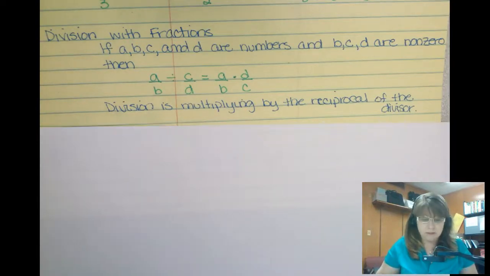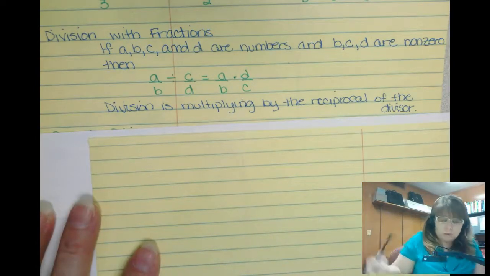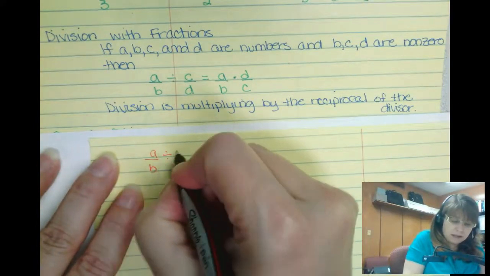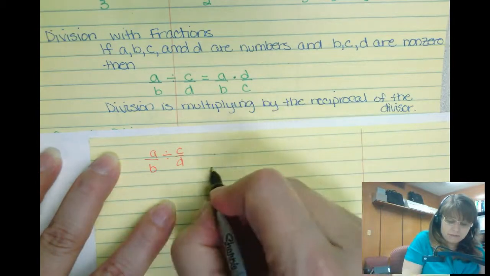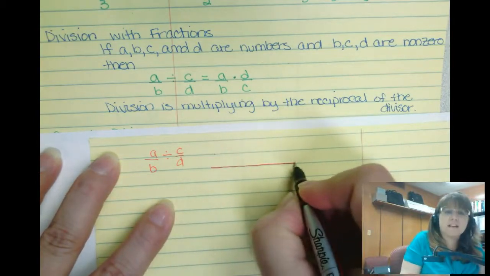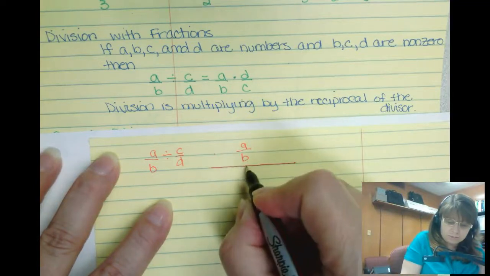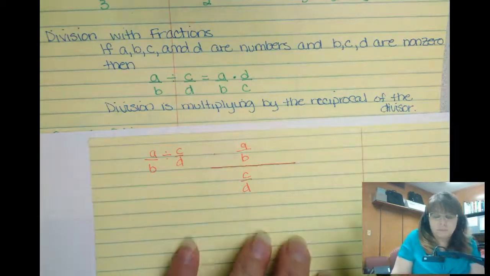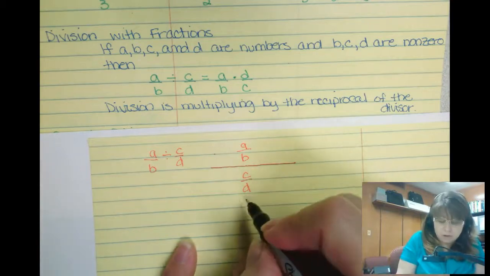So here's what I mean by the divisor here. If I write the original problem, A over B divided by C over D, in fraction form, a big fraction bar, it's going to be A over B divided by C over D. But this means I'm multiplying by the reciprocal of the divisor.